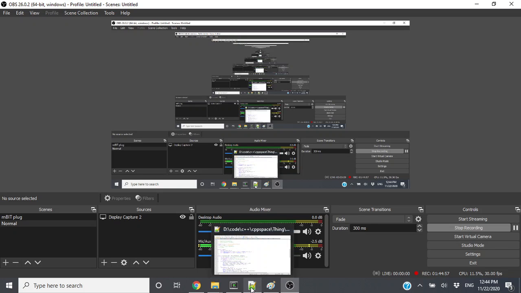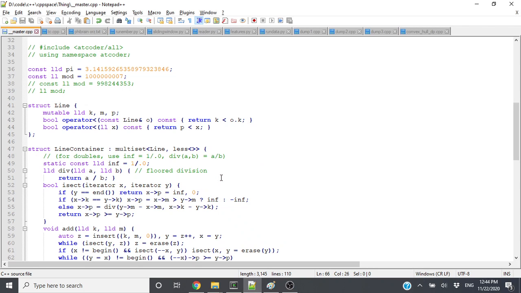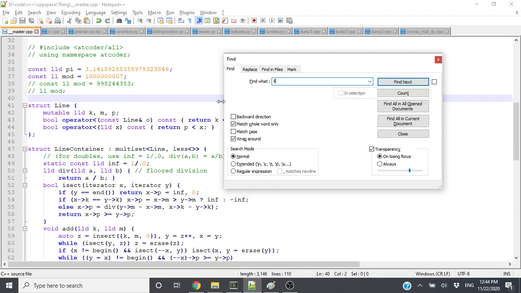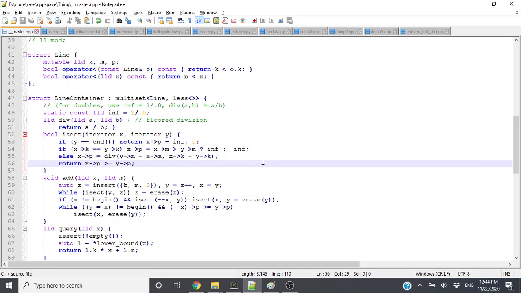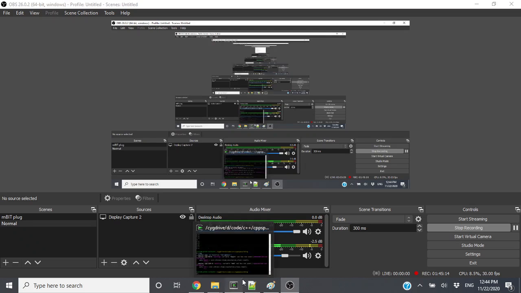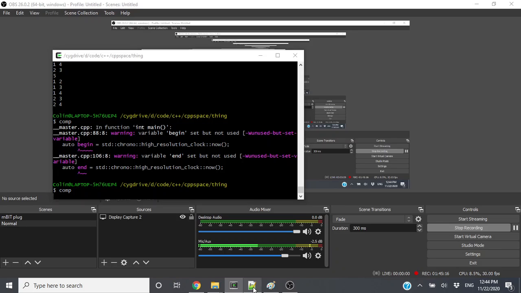Did I unmute the mic, right? Yeah, okay. Perfect. So everything is double. Let's see if this compiles. It should.